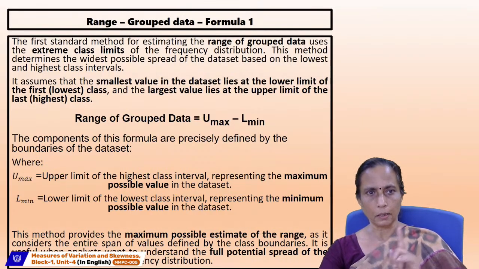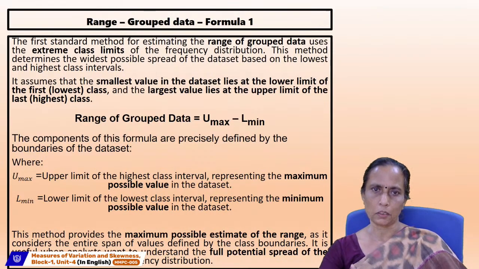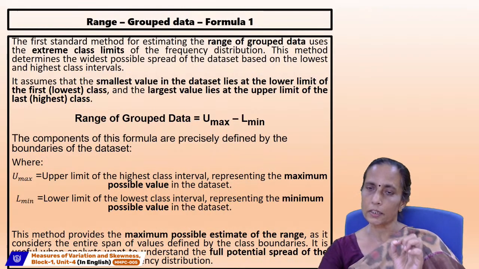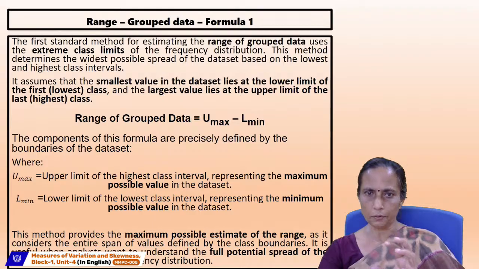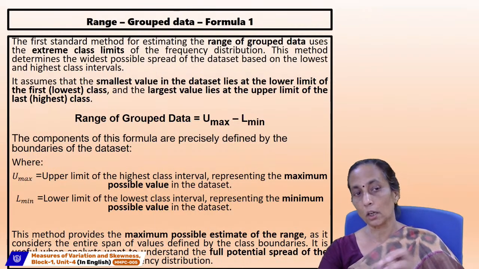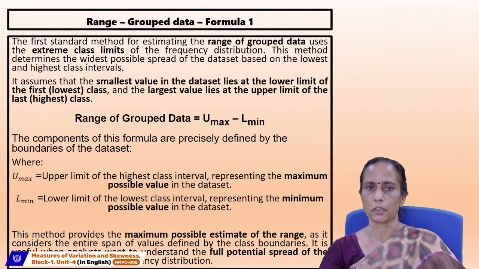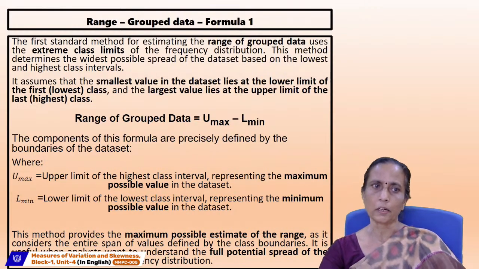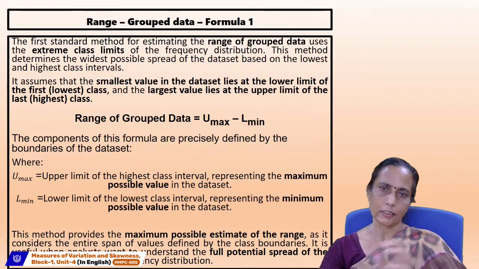This method determines the widest possible spread of the data set based on the lowest and highest class intervals. It assumes that the smallest value in the data set lies at the lower limit of the first, lowest class, and the largest value lies at the upper limit of the last, highest class.